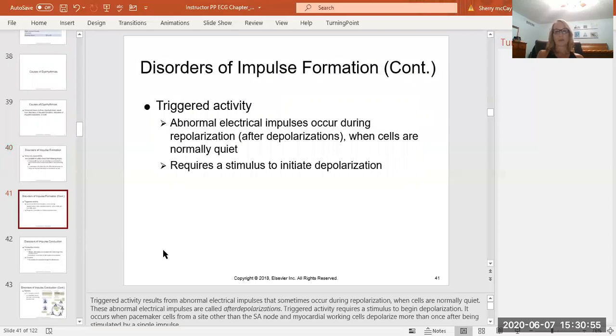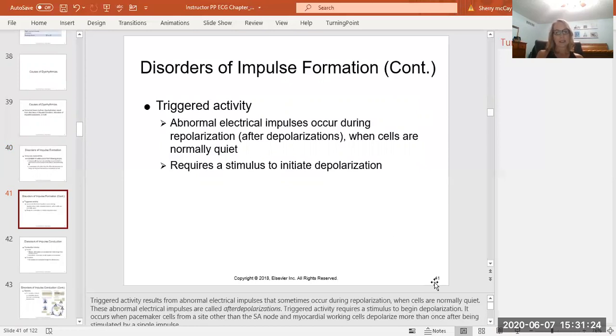Disorders of impulse formation, triggered activity. So these are abnormal electrical impulses occurring during repolarization when cells are normally quiet. So when a cell is normally quiet, all of a sudden we get an abnormal electrical impulse during the repolarization time, which is supposed to be quiet. It requires a stimulus to initiate the depolarization.